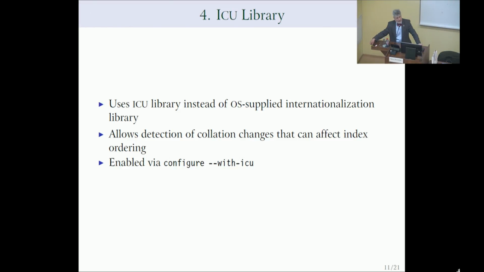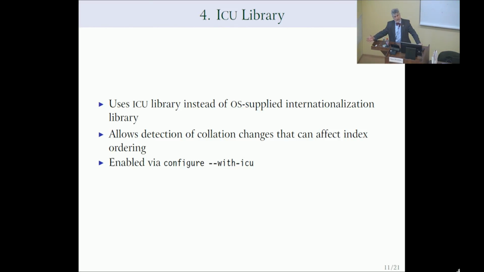But there have been a number of cases where operating system upgrades have changed the collation of the operating system. And when the collation changes in the operating system, Postgres does not know that. And Postgres has indexes which rely on the old collation.